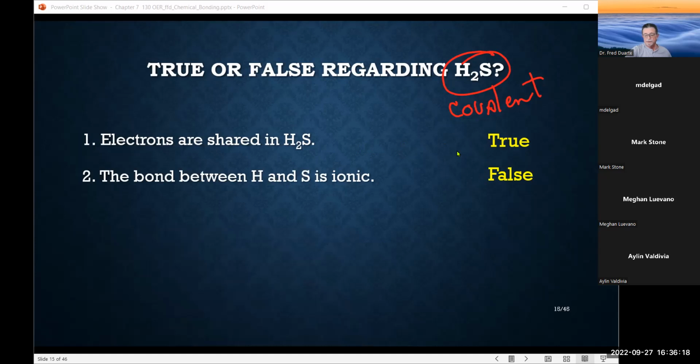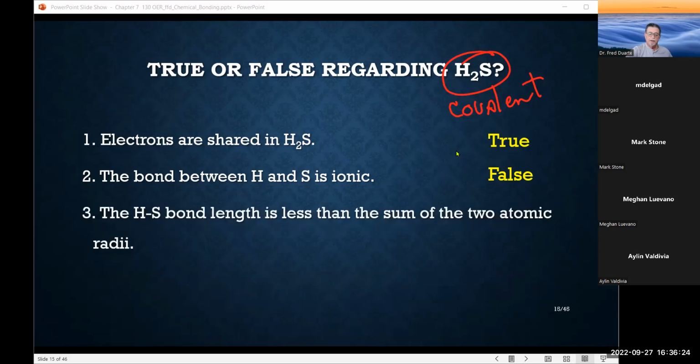Because it's covalent, which is a combination of 2 non-metals, hydrogen and sulfur. And then, the H-S bond length is less than the sum of the 2 atomic radii. The fact that it's covalent makes this a true statement, because there's that overlap, that sharing of electrons between the hydrogen and the sulfur.